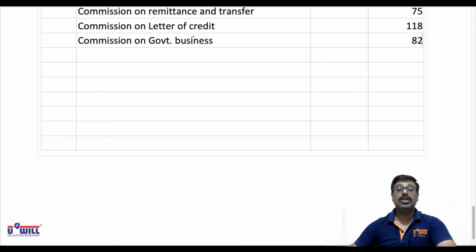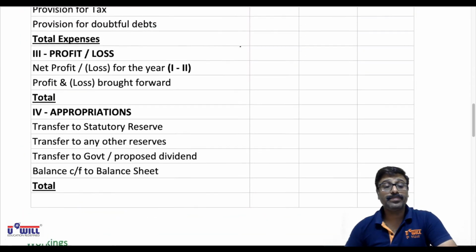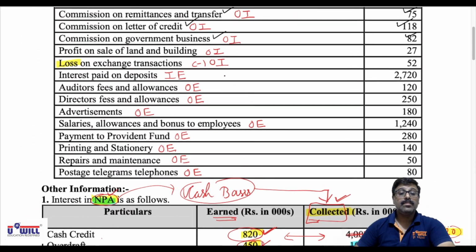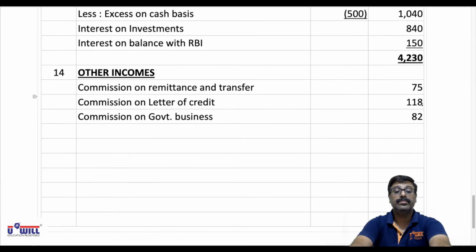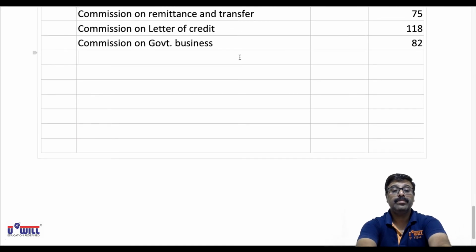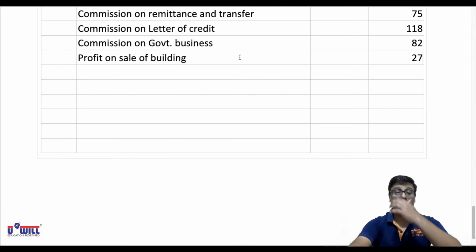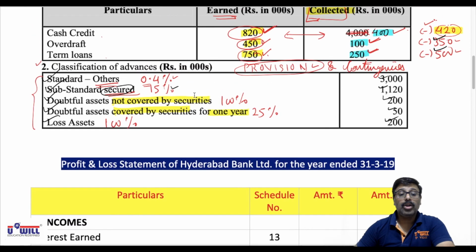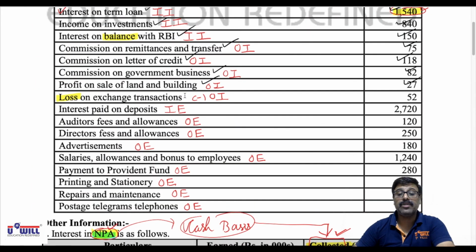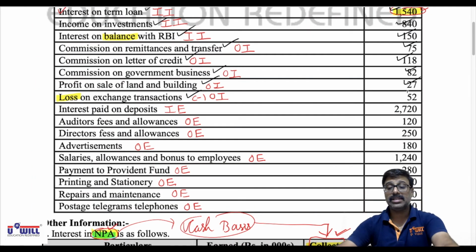Then after commission on government business, we have profit on sale of building 27. So all of you write down profit on sale of building 27. Then we have loss on exchange transactions, which we have to show as negative income 52 because it's a loss.